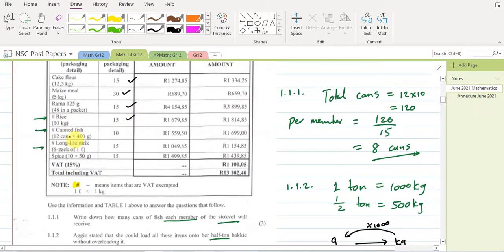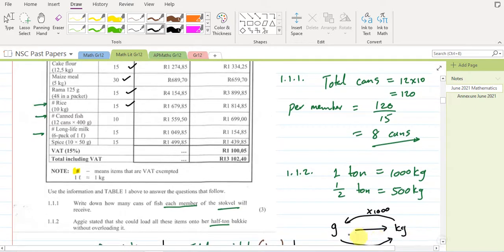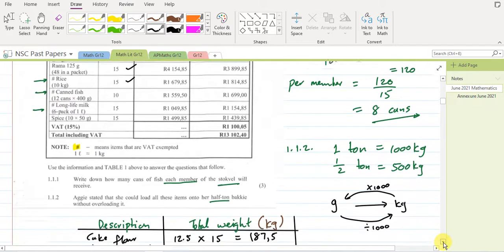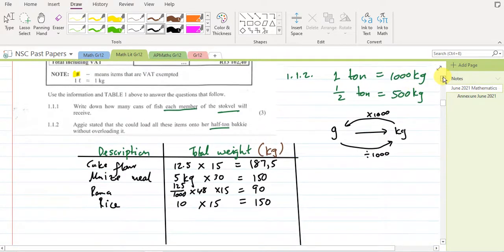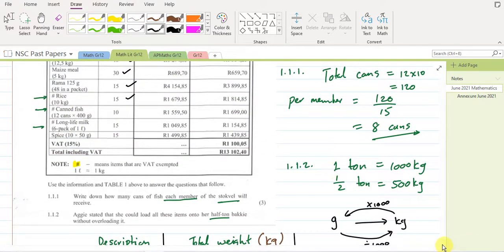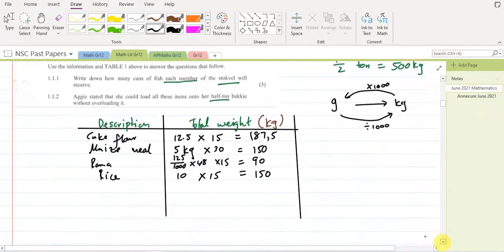Right, next one, canned fish. We've got 12 cans times 400 grams. Now remember, 400 grams, you need to divide by 1,000, right? So grams to kg, so 400 over 1,000. And there are 12 cans and we're buying 10 packs, right?